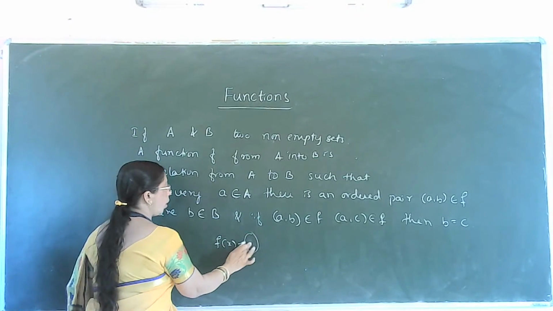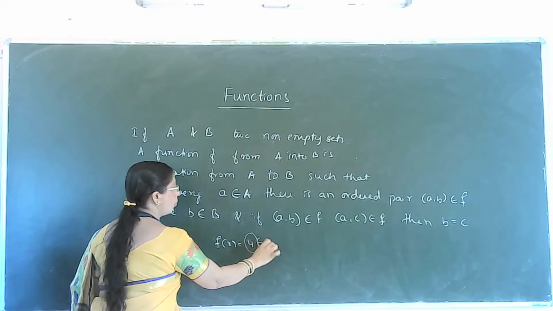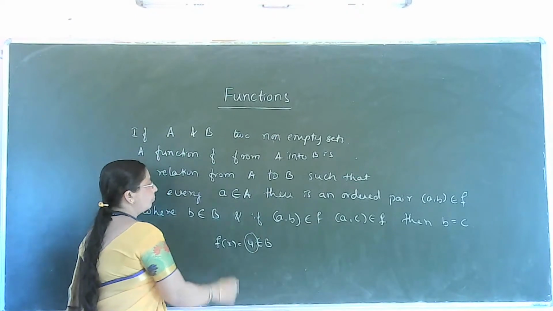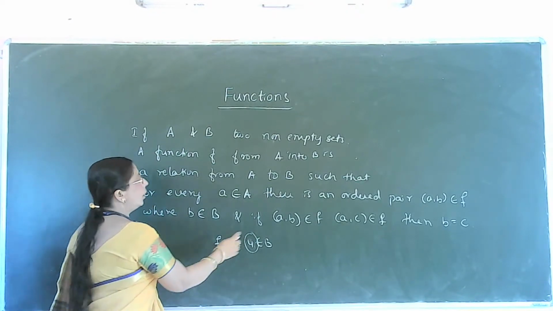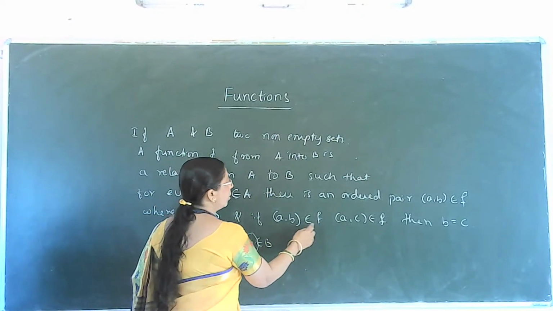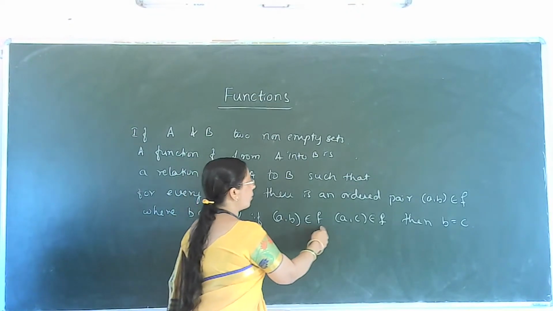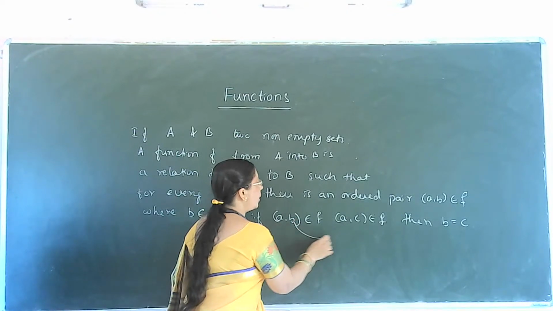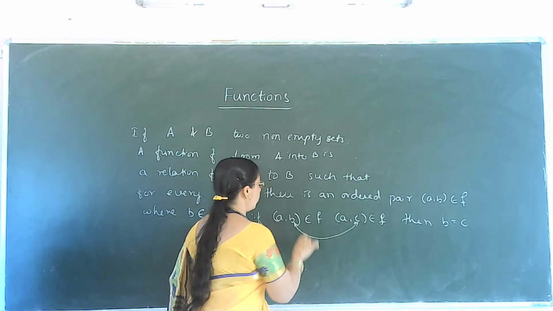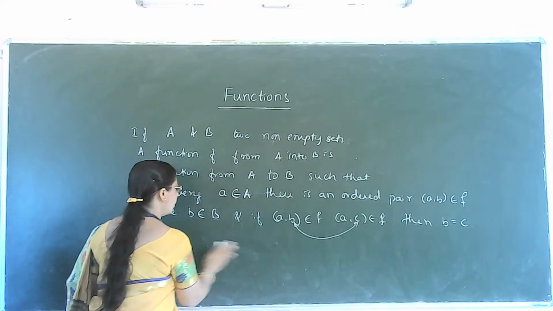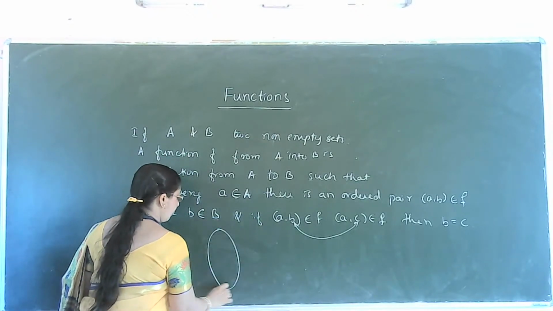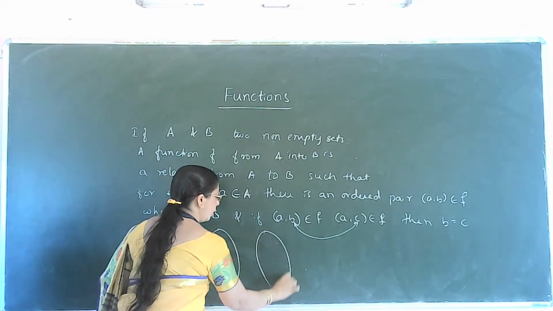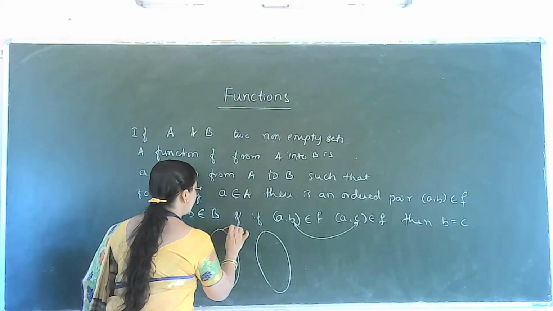This is an element of B. And if (a, b) belongs to f and (a, c) also belongs to f, then b and c are equal only. A function is explained like this.